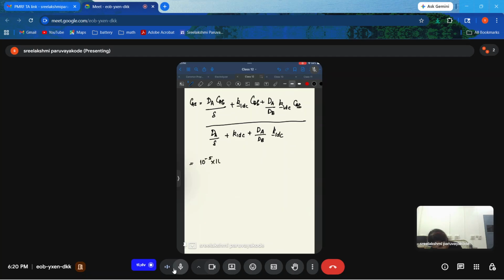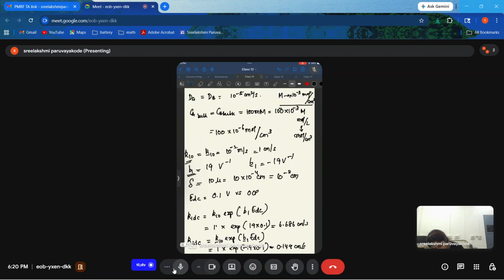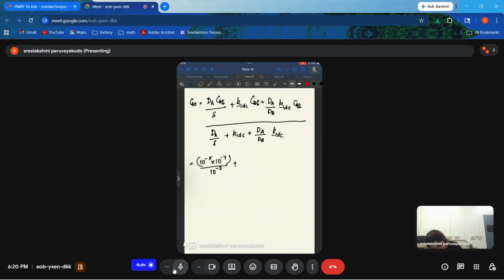You may have to do it for yourself instead of just copying it from here. Else, there are high chances you can make a mistake. k minus 1 is 0.149.